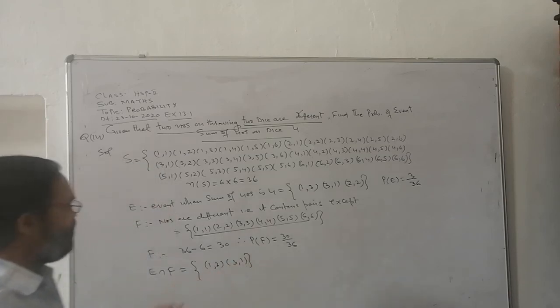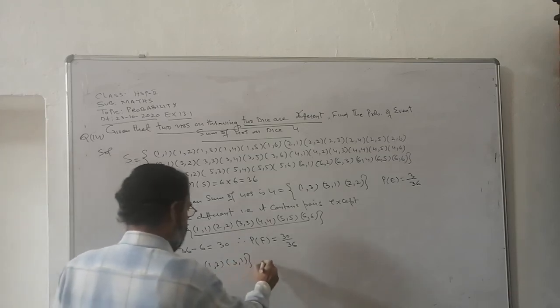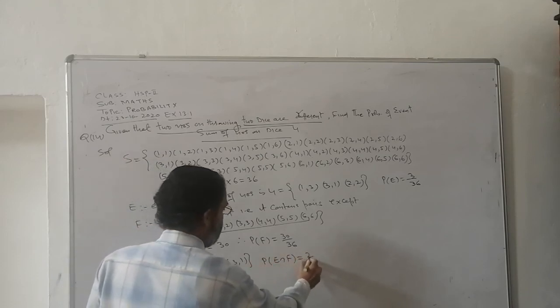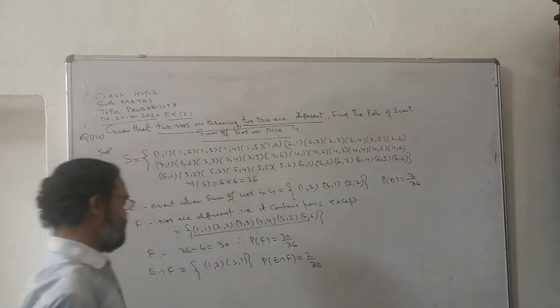These are 2 different points. So the probability of E intersection F will be 2 upon 36.